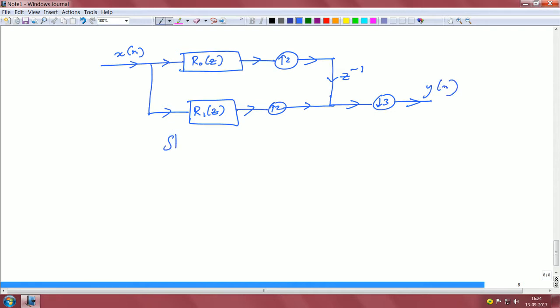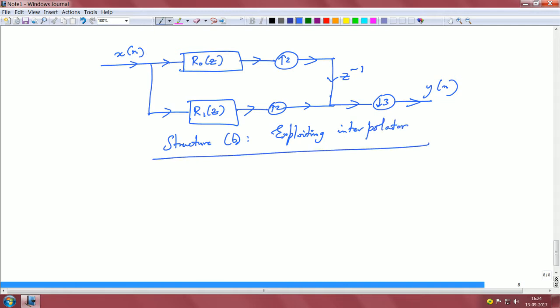I call this structure B. This is by exploiting the interpolator.